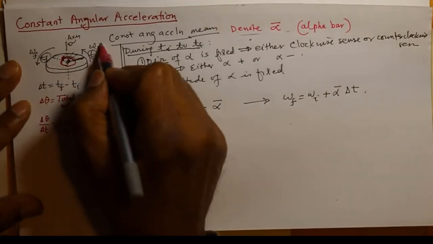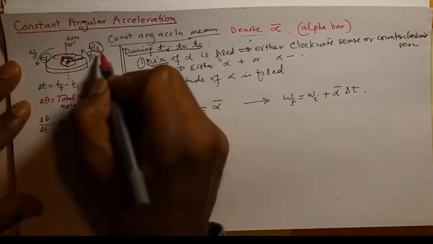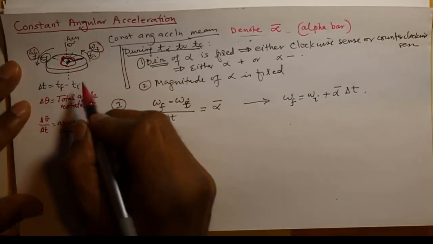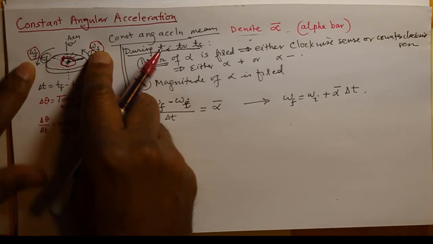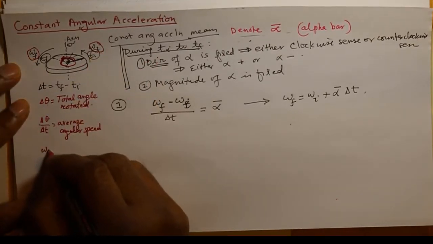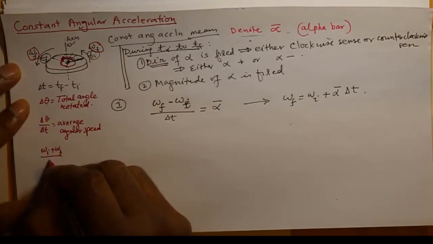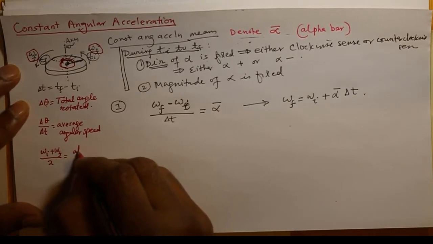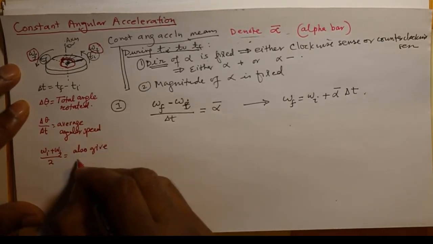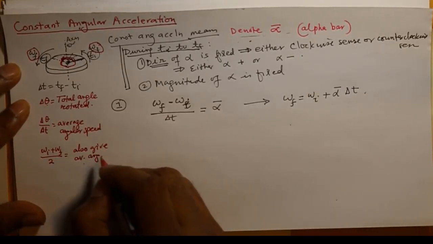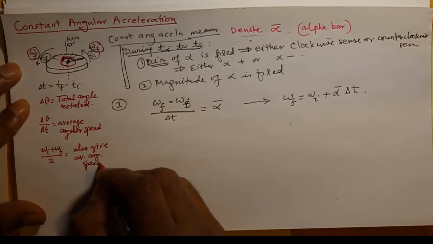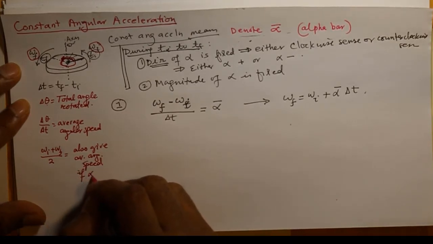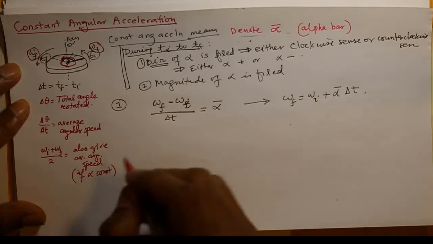Well, if this is the speed now, and this will be the speed later, then if I add these two, omega i plus omega f over 2 will also give the average angular speed if alpha is constant.